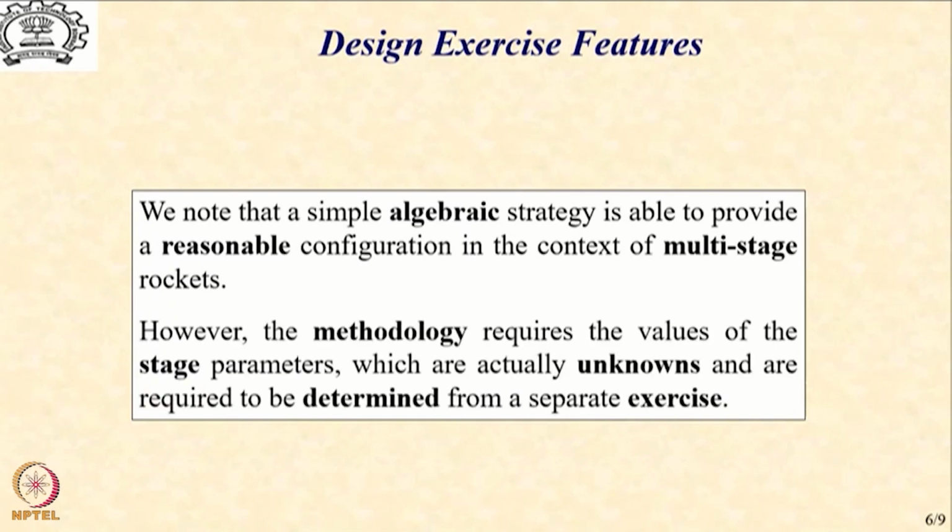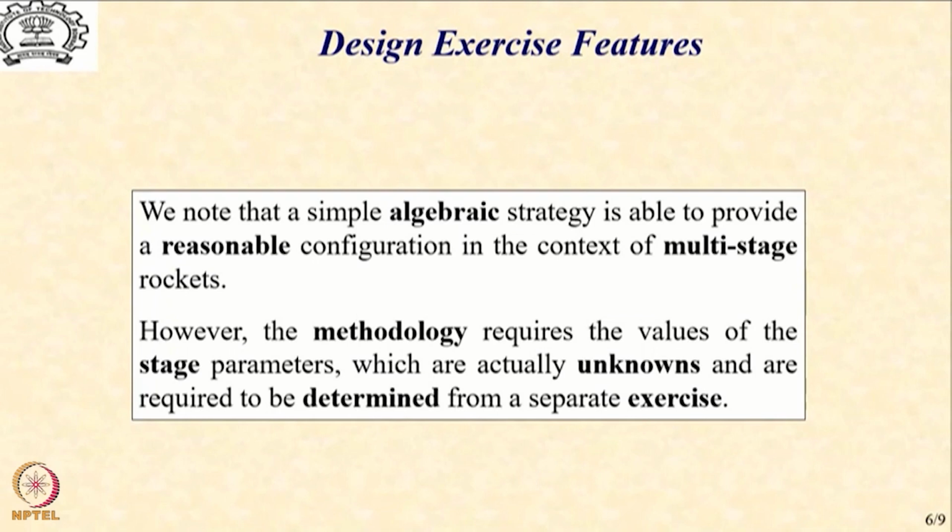The problem is that this requires the values of epsilons and pi's. Now, we have already said that epsilons are known from structural technologies, but pi's are the ones which we don't know, and those are the ones which we are supposed to generate.